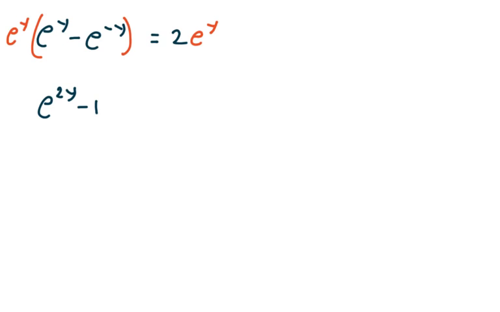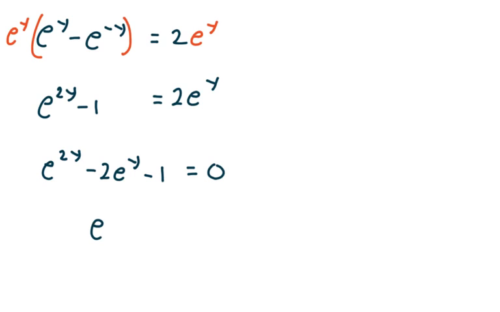So e to the y minus e to the negative y is the same as 2. And I'm going to multiply both sides by e to the y. And so e to the 2y minus 1 is 2e to the y. So e to the 2y minus 2e to the y minus 1 is 0.